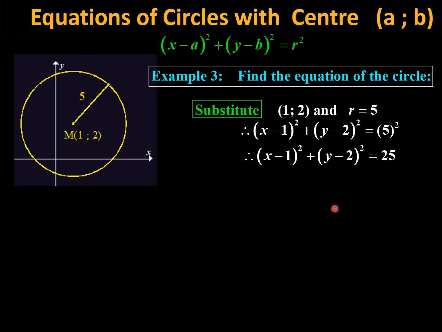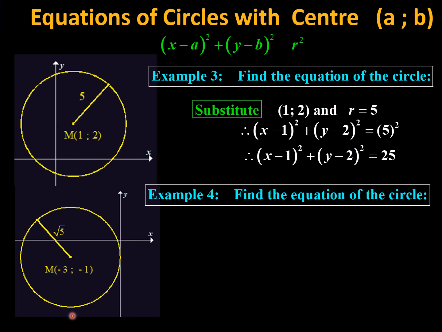Let's take another example. Again, here we have a center at -3 and -1. So that -3 is going to become a +3, and that -1 is going to become a +1. And then we just have to substitute r equal to square root of 5 in the formula.